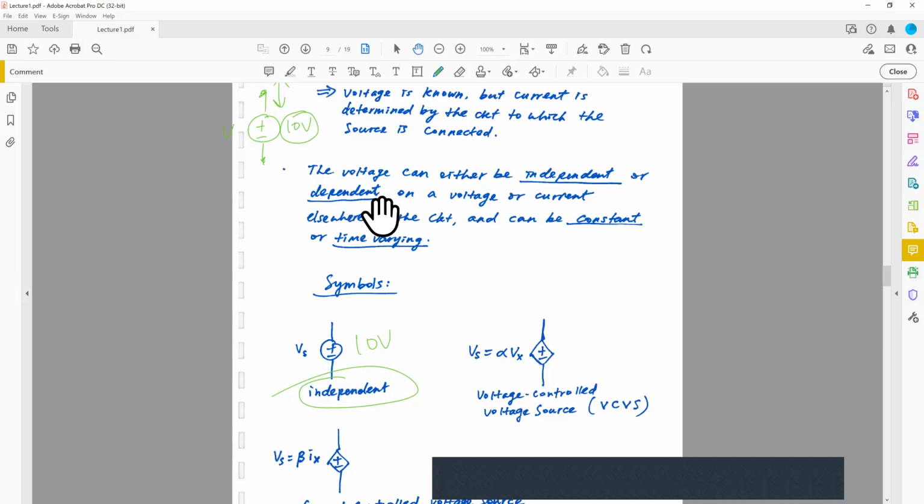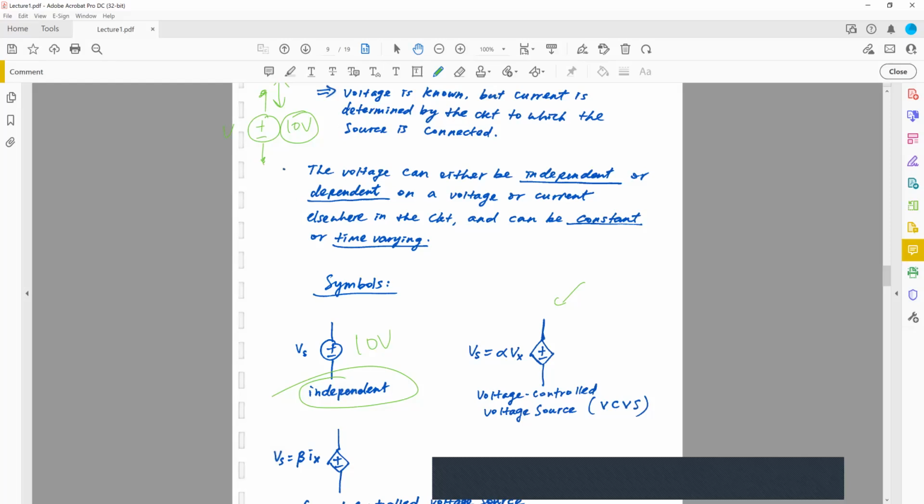If we have a dependent voltage source, then this voltage source can depend on either a voltage or a current somewhere else in the circuit. Further, this voltage and this current can be either a constant or a time varying voltage or current. As an example, over here I have a dependent voltage source.